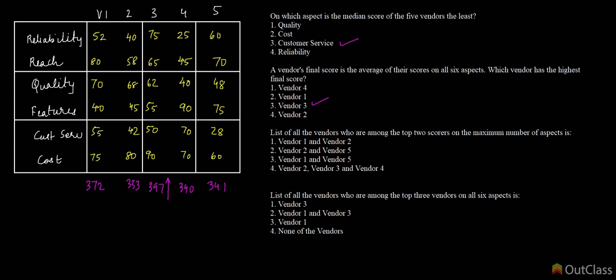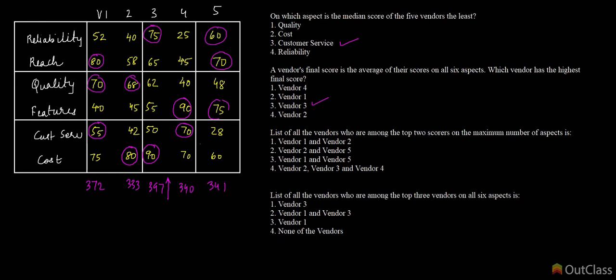Third question: list all vendors who are among the top 2 scorers on the maximum number of aspects. For each aspect we have to find the top 2 scorers. So it's 75 and 60, 80 and 70, 70 and 68, 90 and 75, 70 and 55, 90 and 80.